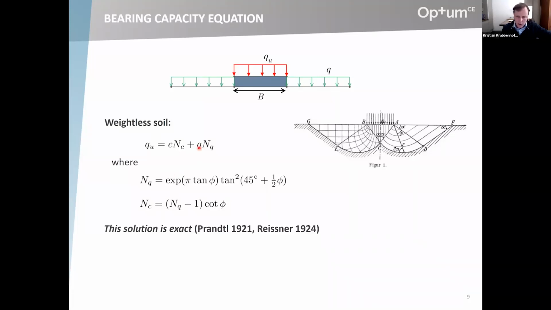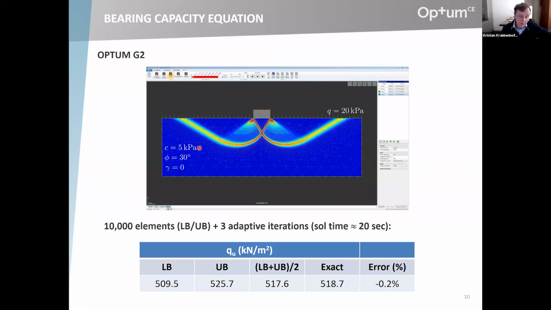So that could be your first verification example, a weightless soil, and I've set one up here. I've used c of 5 and a friction angle of 30 degrees, surcharge 20, no unit weight, 10,000 elements, upper and lower bounds. And I like to take the average of the upper and lower bounds.